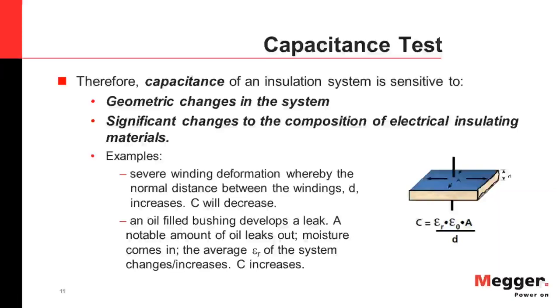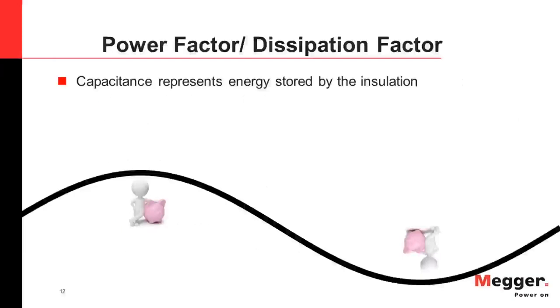Now, on the flip side of capacitance, power factor and dissipation factor are measures of loss. And of course, capacitance represents the energy stored by the insulation. When AC voltage is placed across a typical insulation system, the insulation is charged, but it doesn't hold that charge indefinitely as it would if you applied a DC voltage.